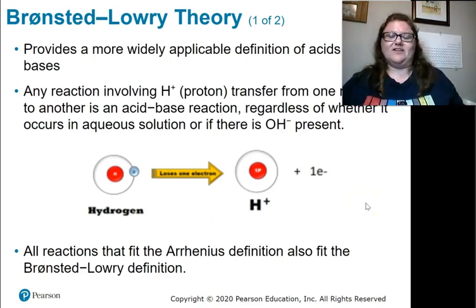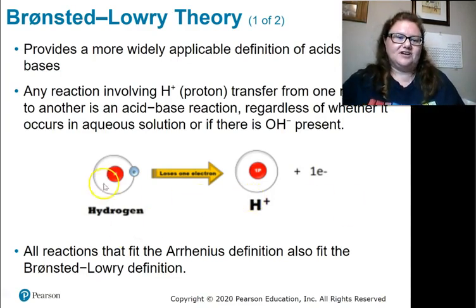So here's what I'm talking about with a proton and how we can talk about hydrogen as a proton. When hydrogen is lost off a molecule, the electron stays behind, right? We looked at the chloride, it kept that electron. It had one pair of electrons there. So where did it come from? It kept hydrogen's electron.